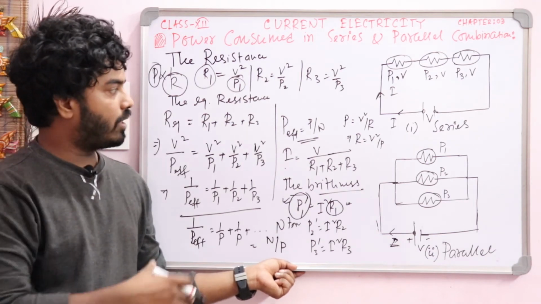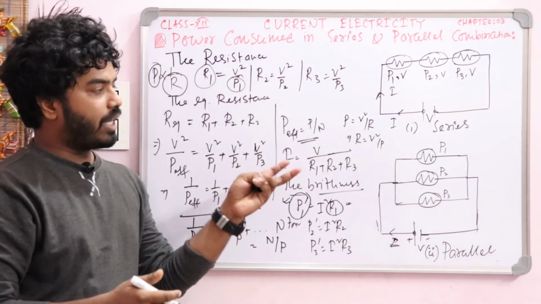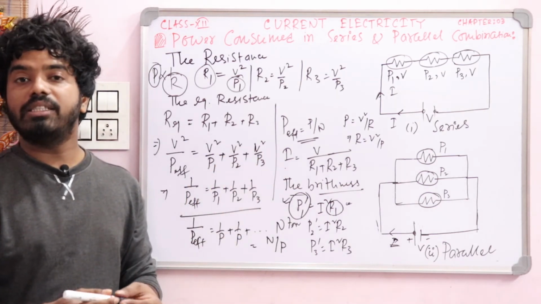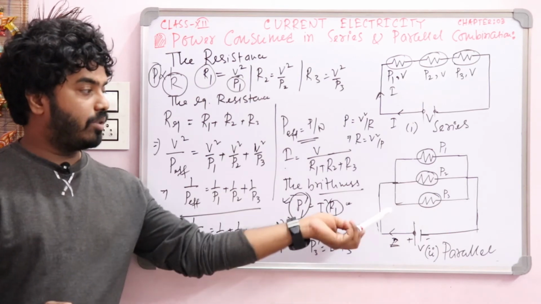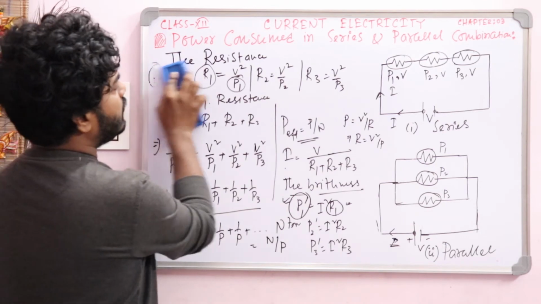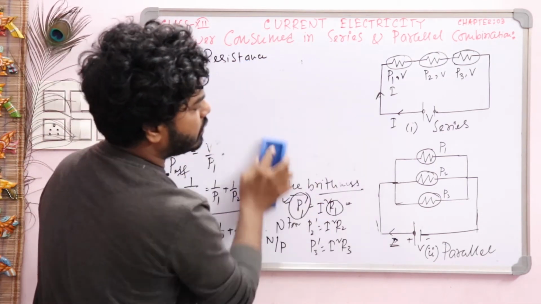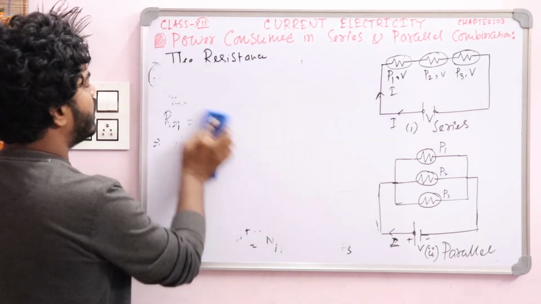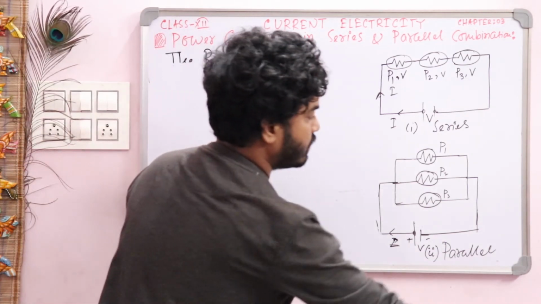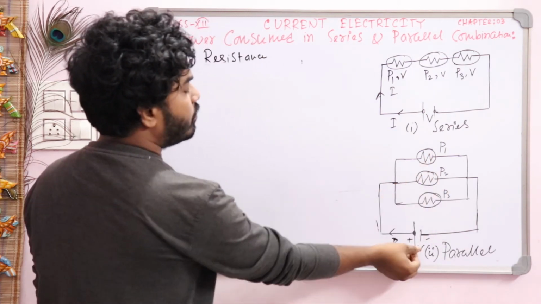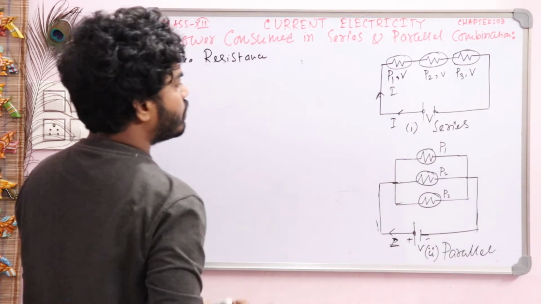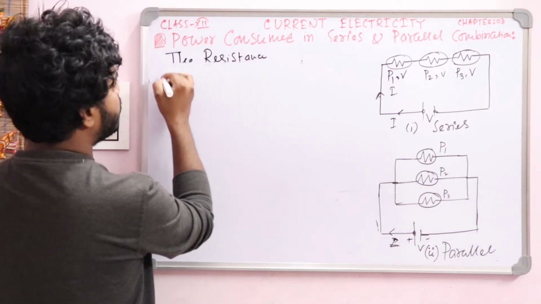Okay, now in the same way we will derive the effective power when the electric appliances are connected in parallel. So you just see this figure, draw it. Here you see 3 bulbs of power P1, P2, P3 connected in parallel combination, and the supplied voltage is the same V, and the operated voltage for each bulb is also the same V. So at first write down the resistance for each.